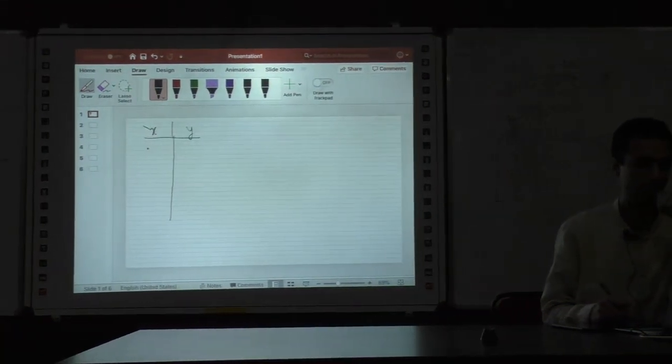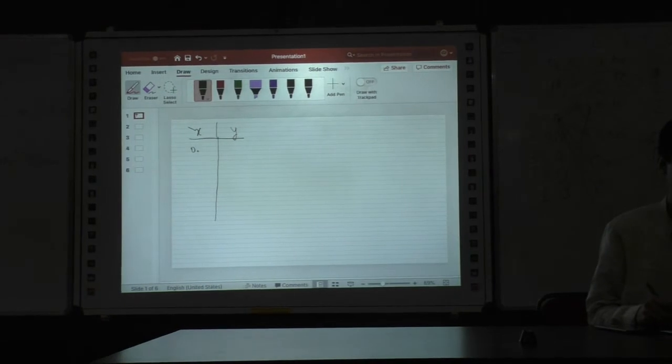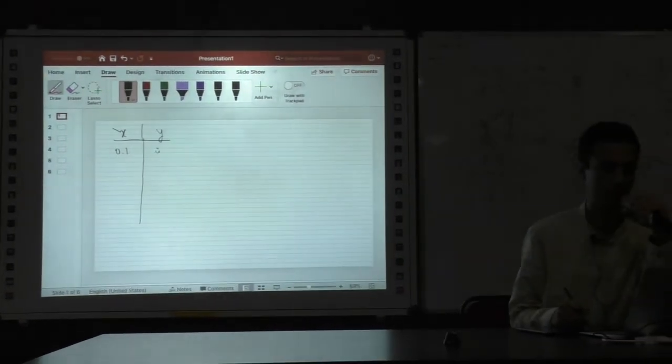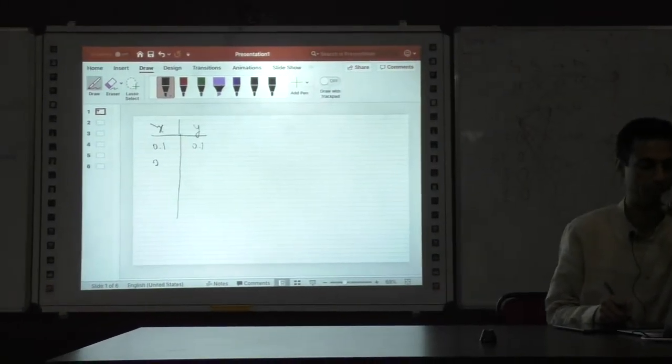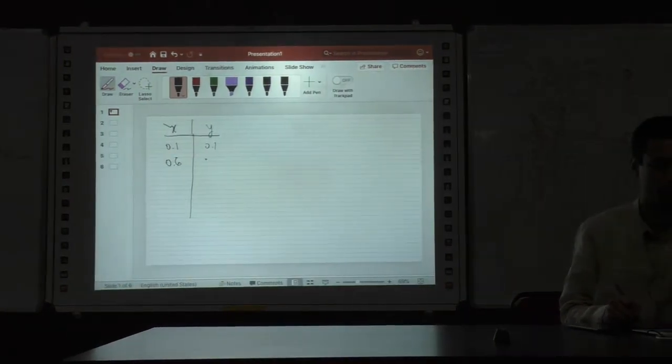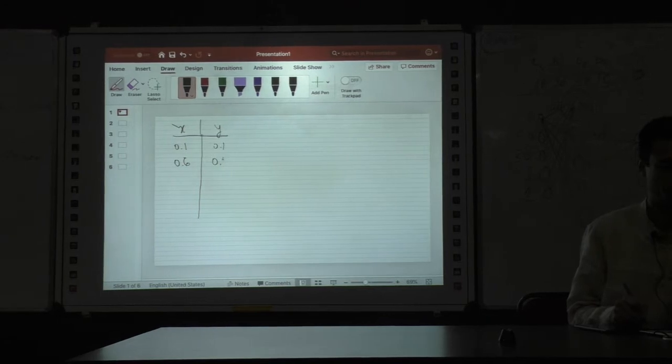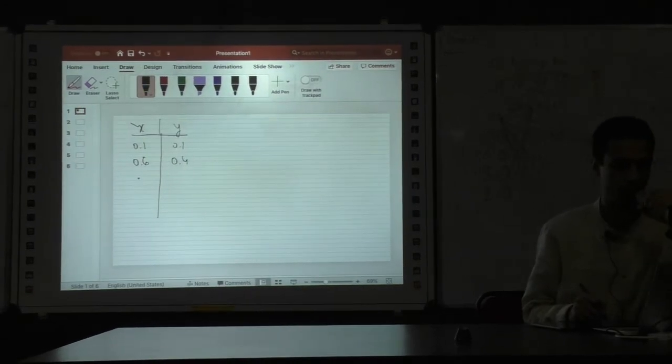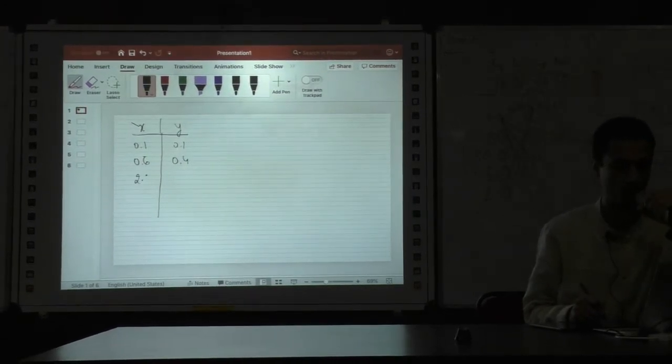Let's say your x is 0.1, y is 0.1; x is 0.6, y is 0.4; x is 2.7, y is minus 0.5, things like that, right?